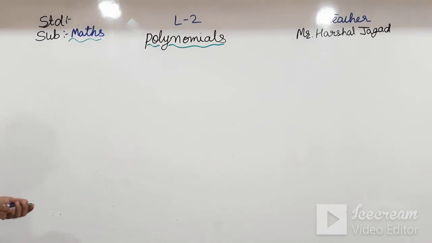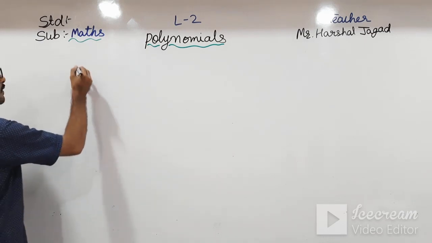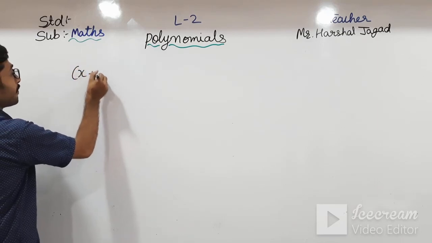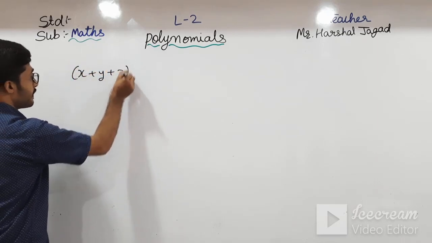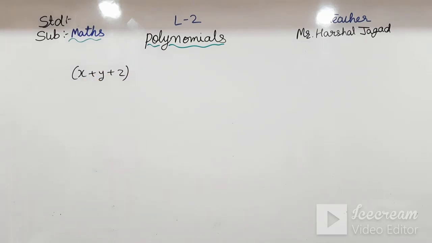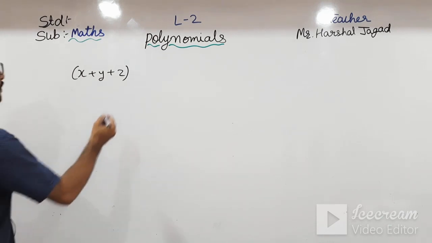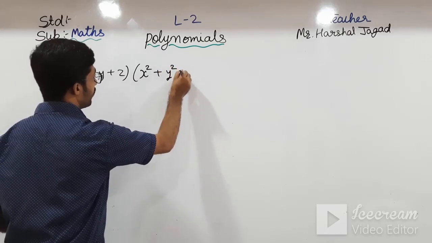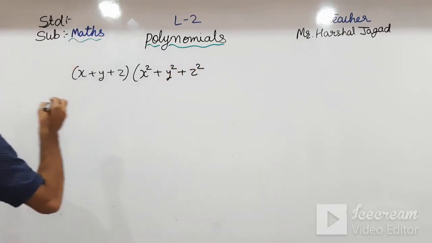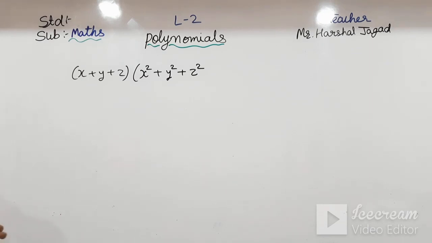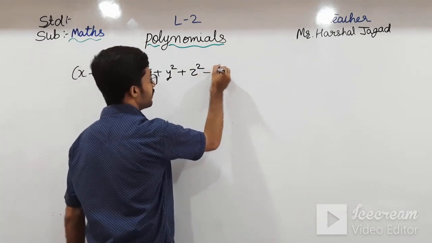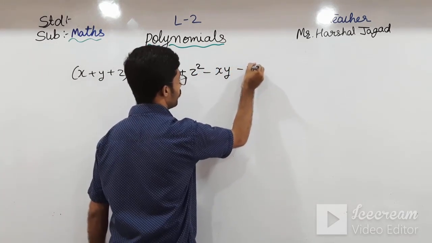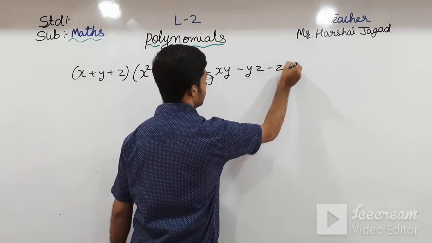In that you have to consider (x plus y plus z) into (x square plus y square plus z square minus xy minus yz minus zx).